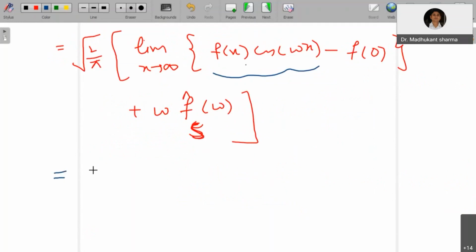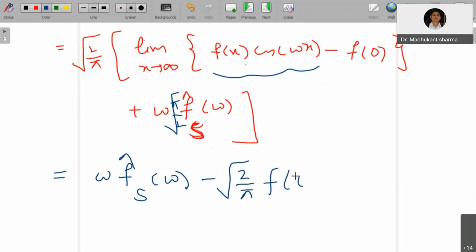So far it is square root of 2 by pi outside, so I should multiply and divide by this. Now if you go further, it's going to be w times the Fourier sine transform of f minus square root of 2 by pi times f of 0. So the Fourier cosine transform of f can be written in terms of the Fourier sine transform.